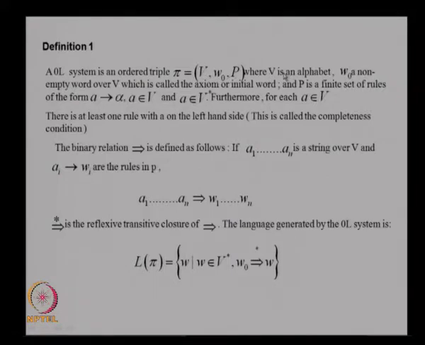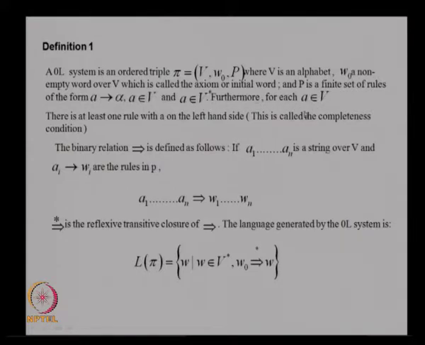We are considering only one alphabet, and W naught is a string, a non-empty word over V, and that is called the axiom of the system, and P is a set of production rules. If they are without interactions, the rules are of this form. Left hand side you have a symbol from V, and on the right hand side you have a string. So, A belongs to V and alpha belongs to V star.